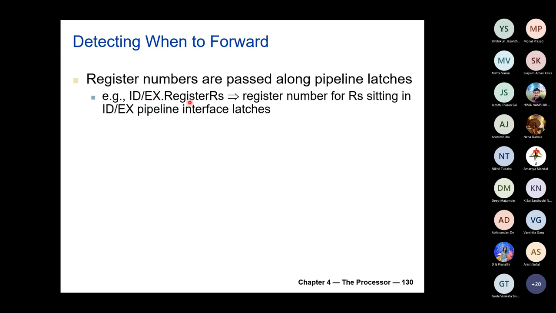And dot register RS means the ID of some source register. Each register has an ID, so that ID value sits in this pipeline interface latch in between ID and EX. Similarly, if it is between EX and MEM, we would use the appropriate notation.